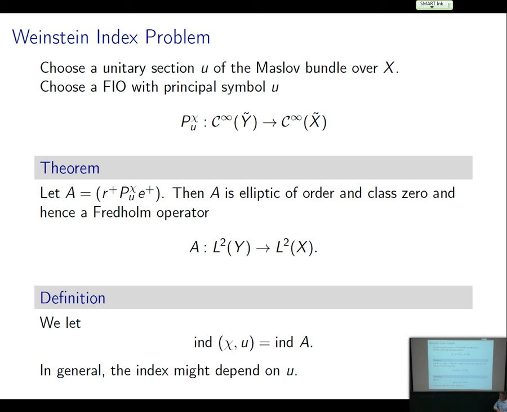The second is the choice of a unitary section of the Maslov bundle, and of course you don't really want to depend on this. Whenever the dimension is at least 3, or the Maslov bundle is trivial, then it does not depend on this. Otherwise, in the work of Leichtnam, Nest, and Tsygan, they prove a formula that depends on u. In this case here, we have more questions than answers.